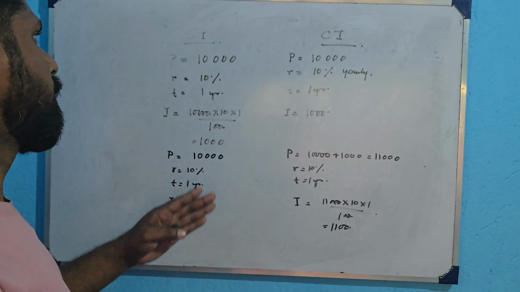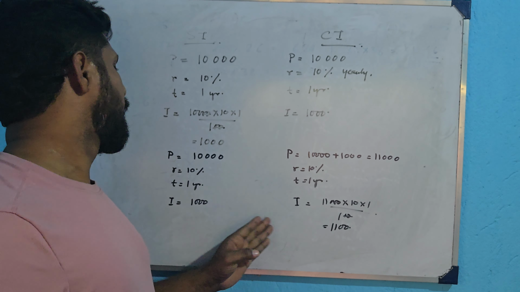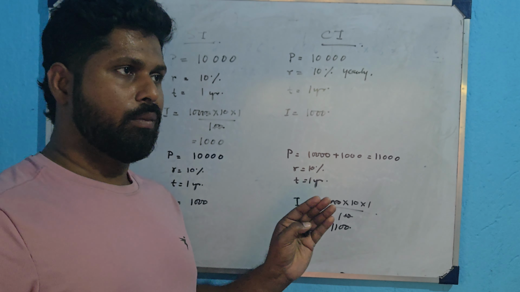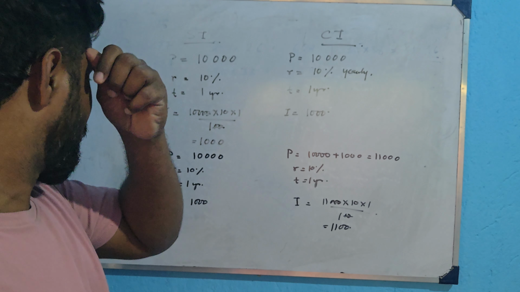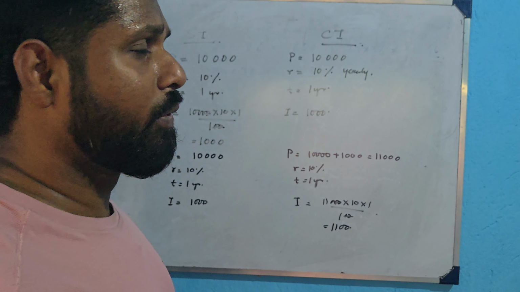So now you see, CI is always more than SI for more than 1 year, right? In the first year both of them are equal for the same principal and the same rate of interest.